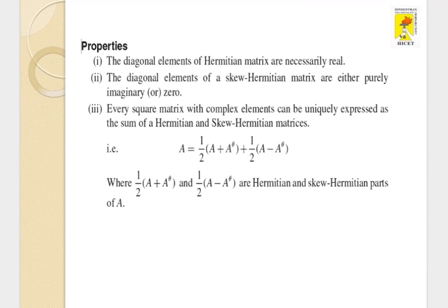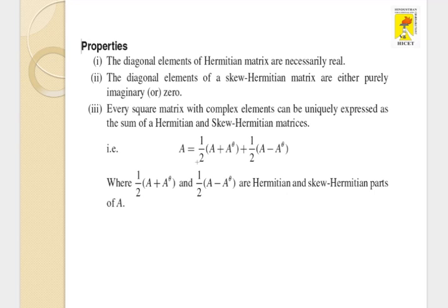Next, properties of Hermitian and skew Hermitian matrices. First one, the diagonal elements of a Hermitian matrix are necessarily real. The diagonal elements of a skew Hermitian matrix are either purely imaginary or zero. Third property is every square matrix with complex elements can be uniquely expressed as the sum of a Hermitian and a skew Hermitian matrix.